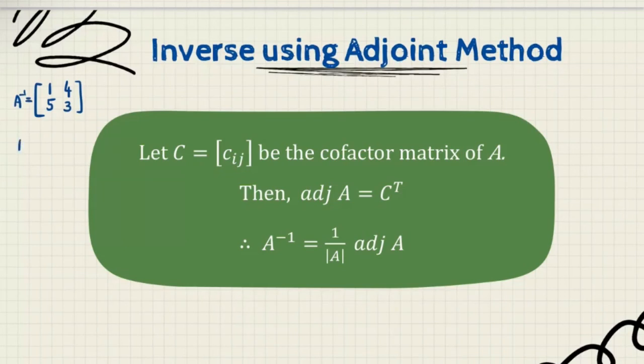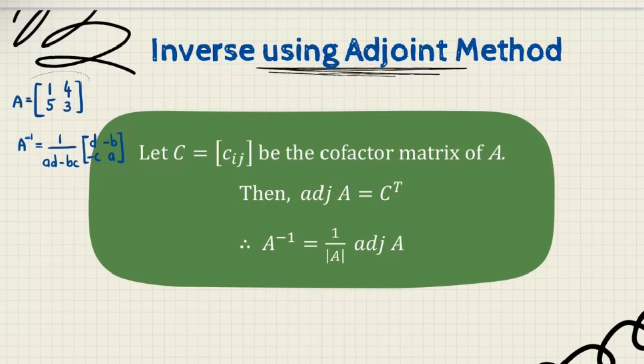So ini bukan A inverse, ini adalah A. So untuk dapatkan A inverse, dulu kat sekolah kamu belajar dia adalah apa? 1 over AD minus BC darabkan dengan matrix D, negatif B, negatif C, A. Betul tak?